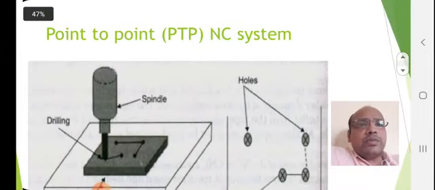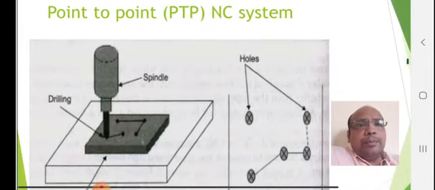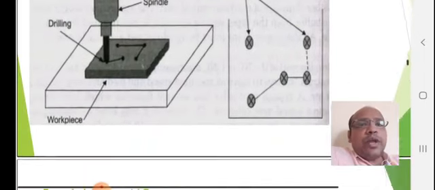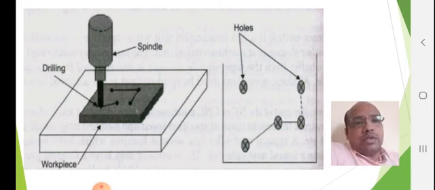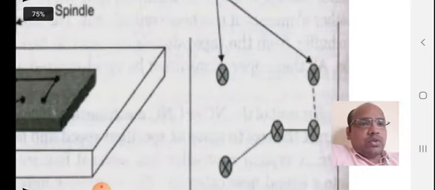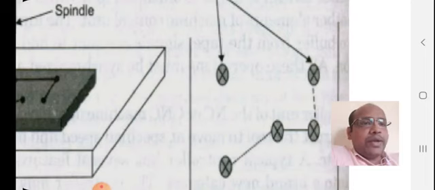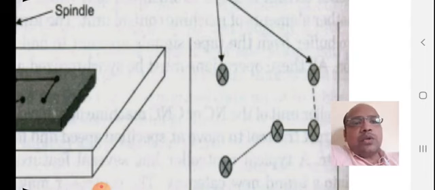First one is the point to point NC system, PTP. In this system, the tool or workpiece moves from one point to another point in a linear motion. You can see this diagram. These points indicate the motion direction. Each point has coordinates and the tool moves from one point to another, to the third, fourth, fifth.